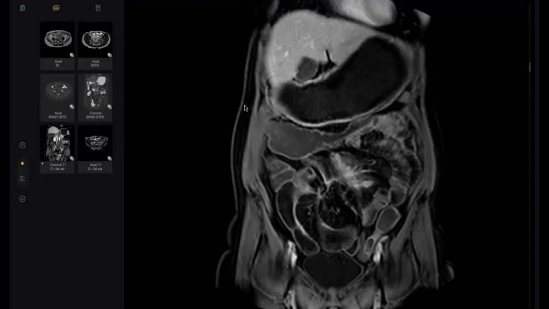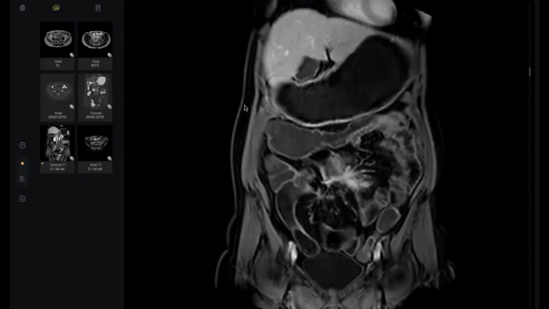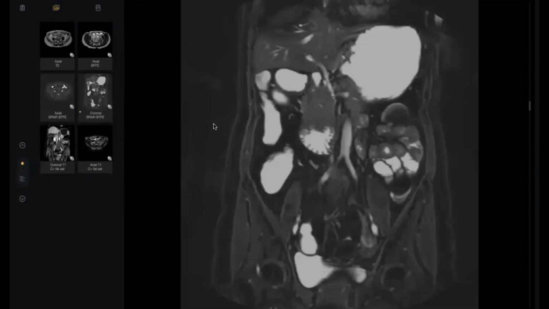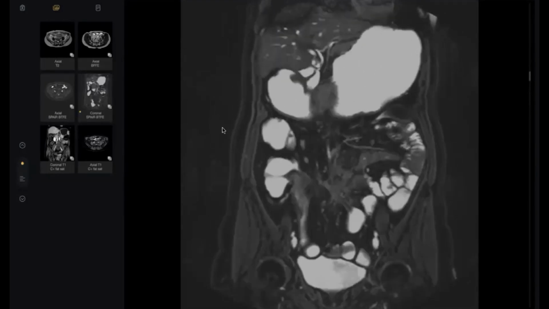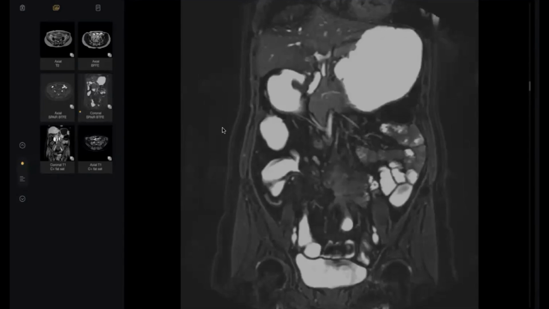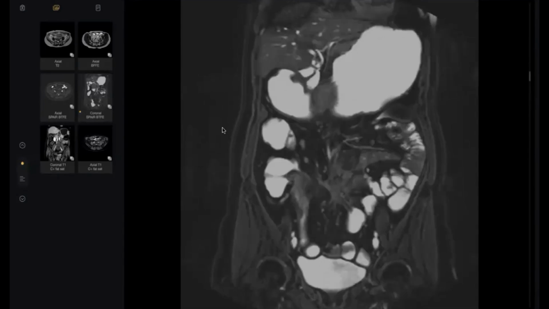What else? Not tethering. See, I will help you. Look here. What happened here? Okay, so at the ileocecal junction there is thickening along the ileum, along with some mesenteric mixed hypointensity mass.